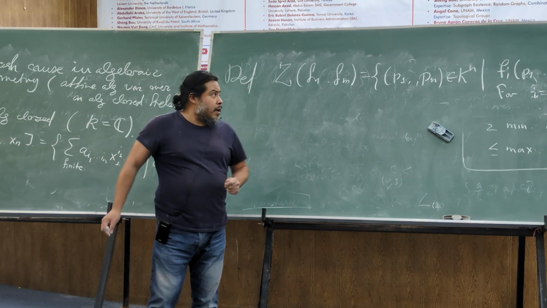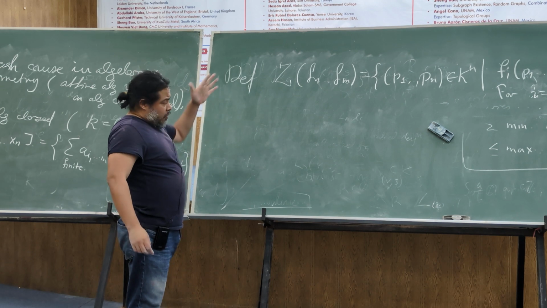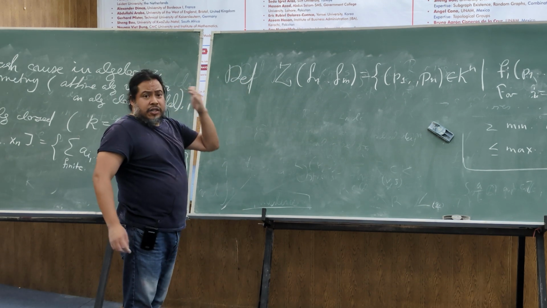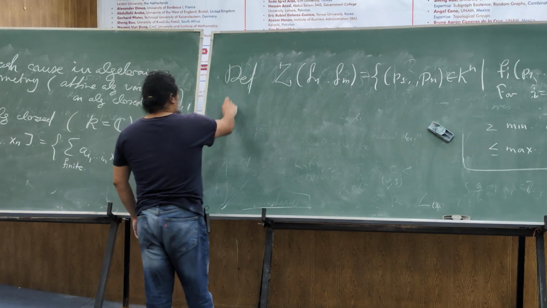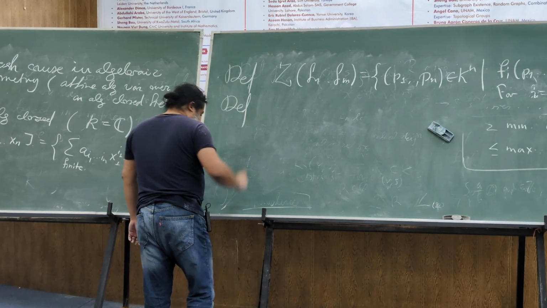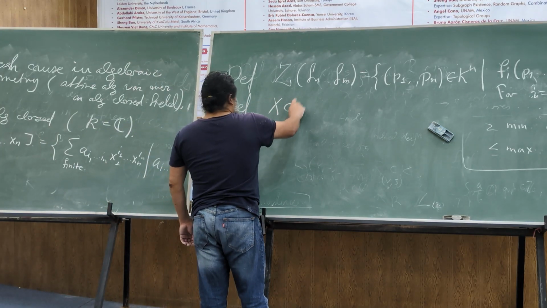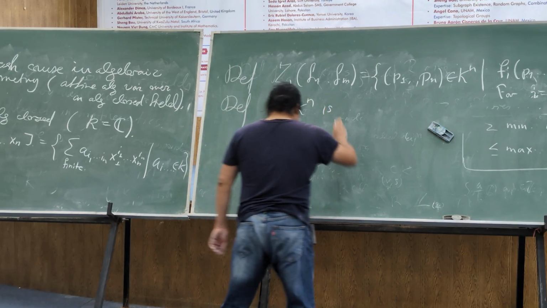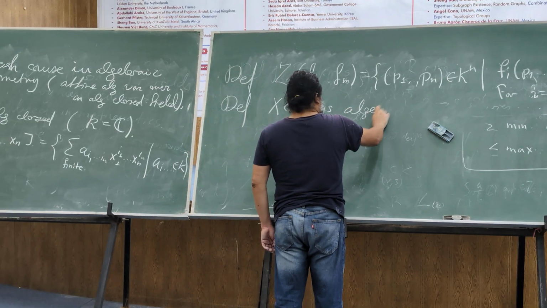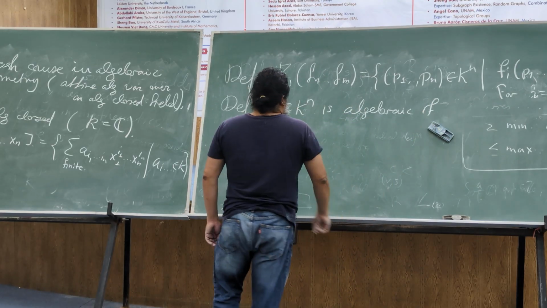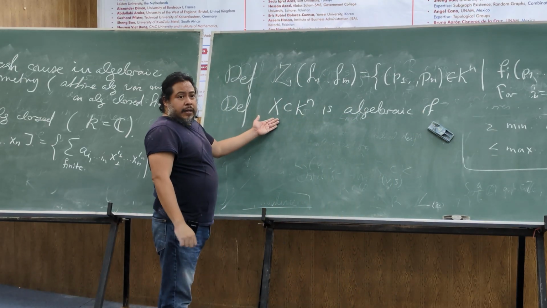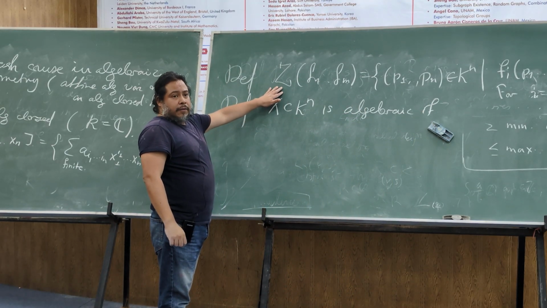Now, you can also call this an algebraic set. Definition: a subset inside K to the n is algebraic if you can present it as the zero set of some polynomials.